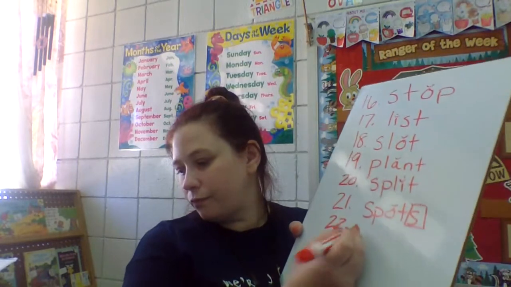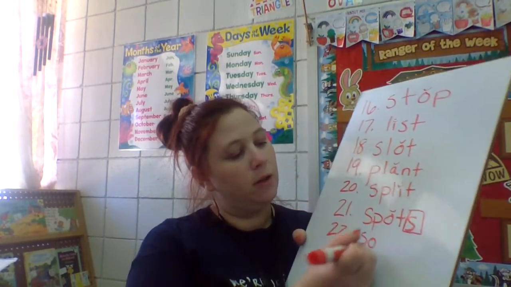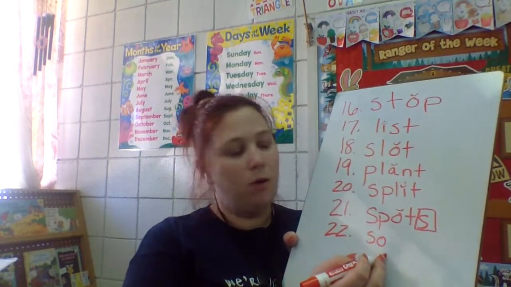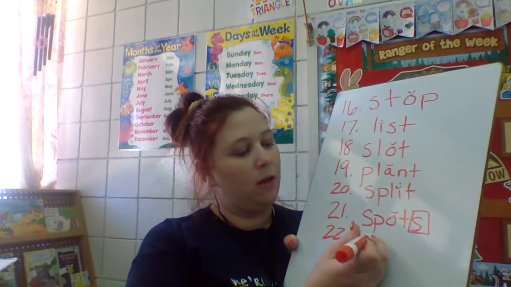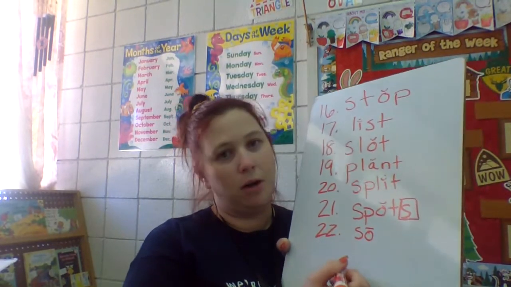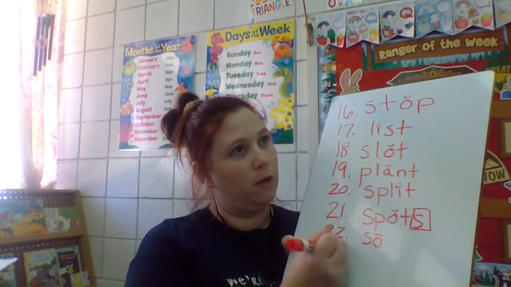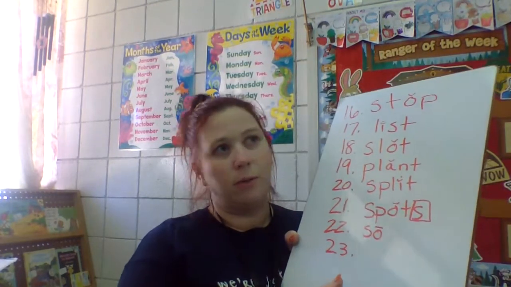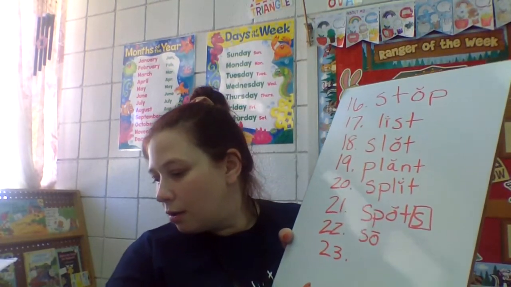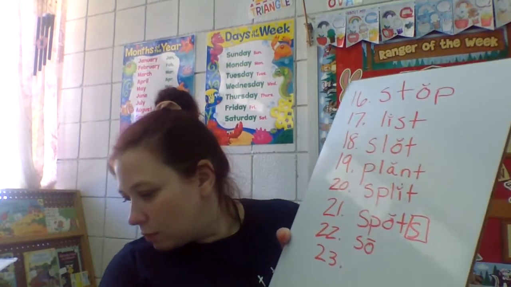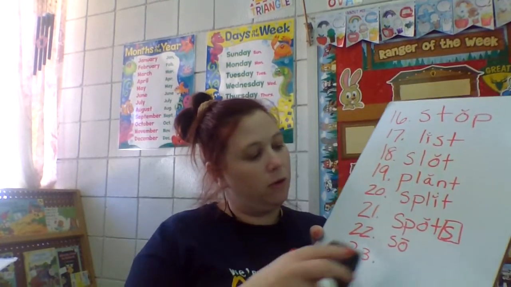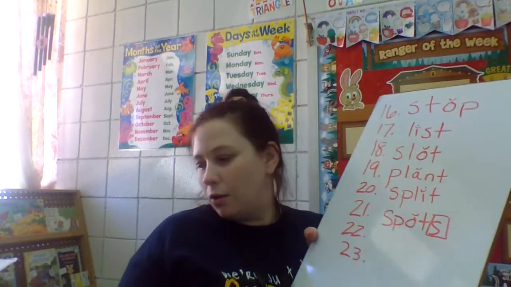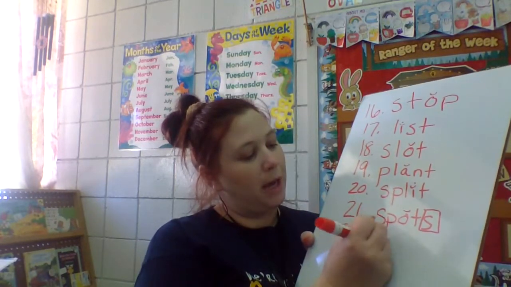22. So, when we end in a vowel and there's no consonant after it, our vowel says its name and it gets a macron. So, 23. Whoops. That was 23. Sorry, y'all. 22 was pass.